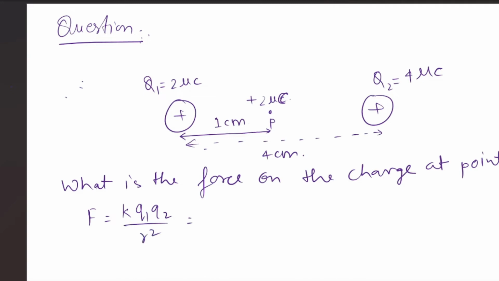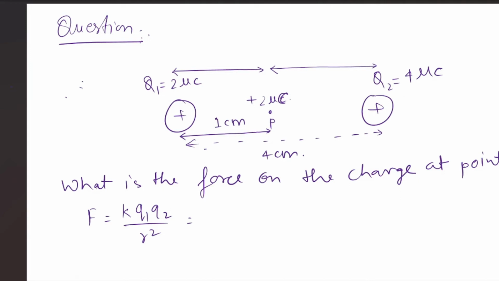I will solve this question in three steps. First, I will calculate the force acting between Q1 and the charge at point P. Then Q2 and the charge at point P. And then I will calculate the resultant force.